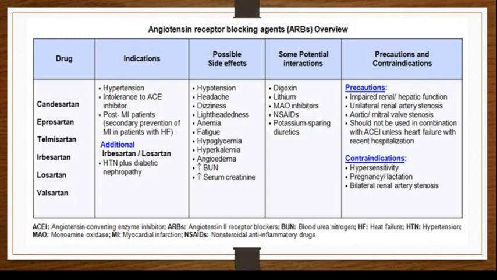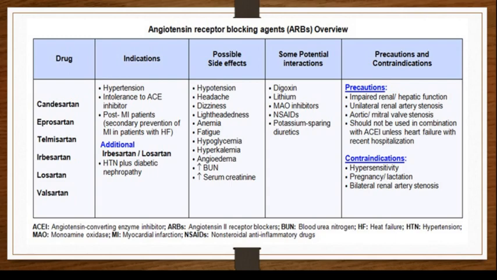So like we said earlier on, all of these drugs end with sartan, so we call them the sartans. So we have candesartan, eprosartan, irbesartan, losartan, valsartan. They are very, very important, and their indications are over here.